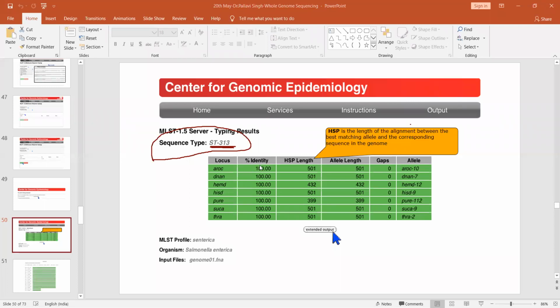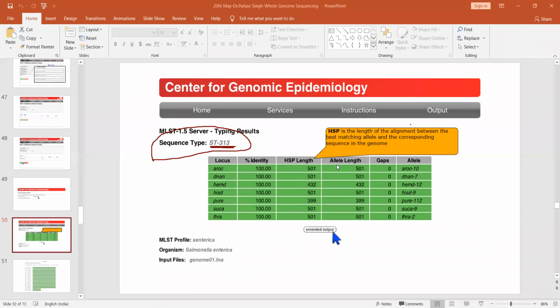these are the parameters: percentage identity, HSP length, allele length, which are used to find the ST of my unknown sequence. HSP is the length of the alignment between the best matching allele and the corresponding sequence in the genome. So in the genome which I had taken, the longest fragment of my unknown sequence which has mapped with this locus is 501 nucleotides.